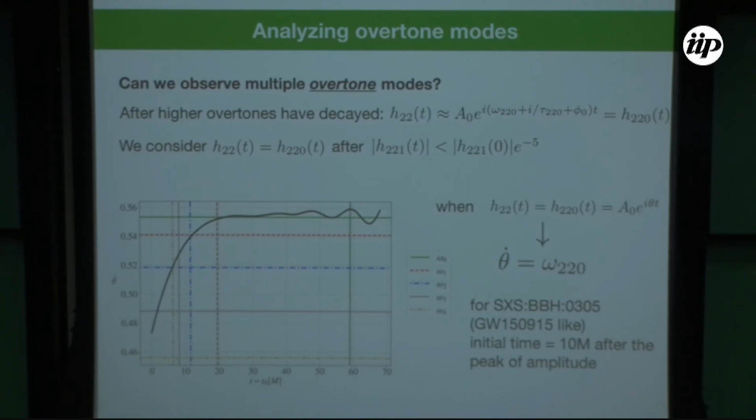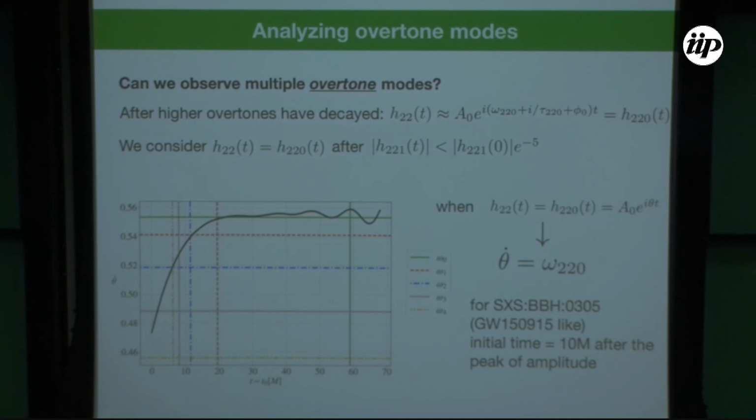And now we try to analyze how we're going to set the starting time from this. We know that when the waveform is just one overtone, the argument of the complex waveform, its derivative over time, is going to be just the fundamental frequency of oscillation, this frequency here.